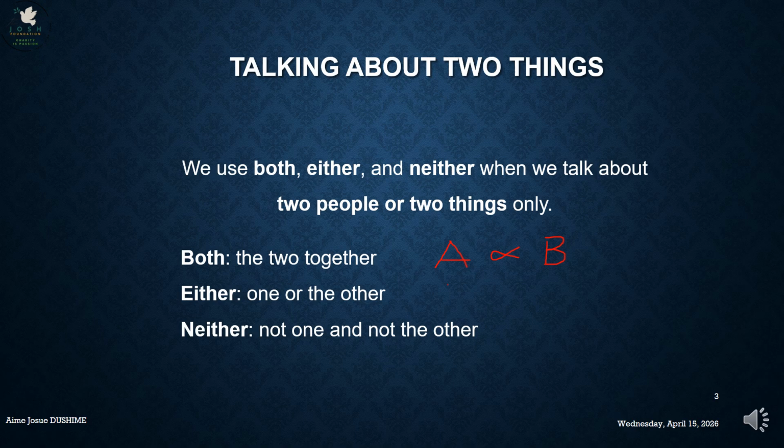But here it is to say A or B. It's to choose between A or B. And when I say neither, it means what? It means not A. I don't want A, and I don't want B. Not A and not B. That's where we use neither.